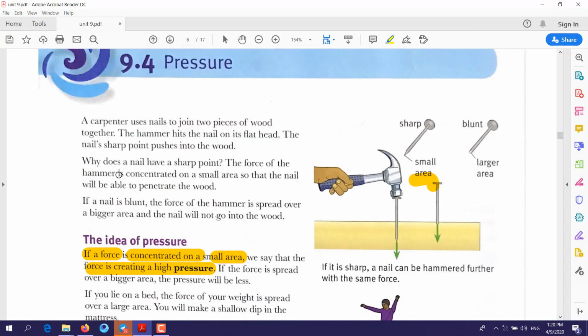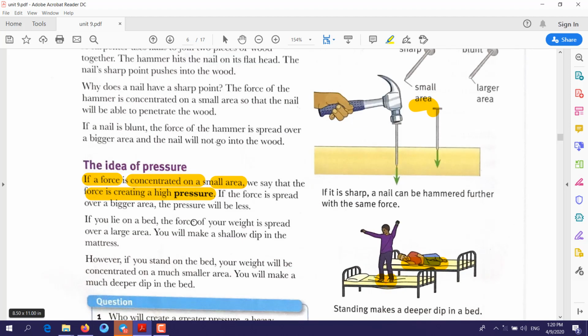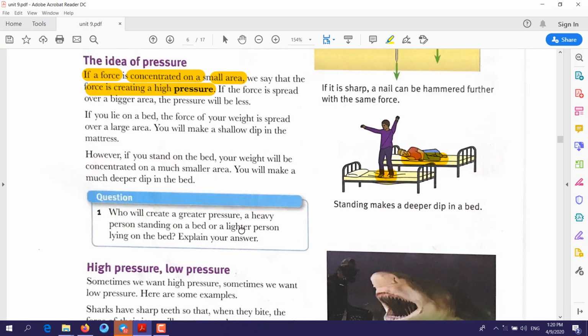Then pressure. The definition of pressure is the amount of force exerted on an area. Pressure depends on the area and the force. The more the force is, the higher the pressure will be. The smaller the area is, the higher the pressure will be.